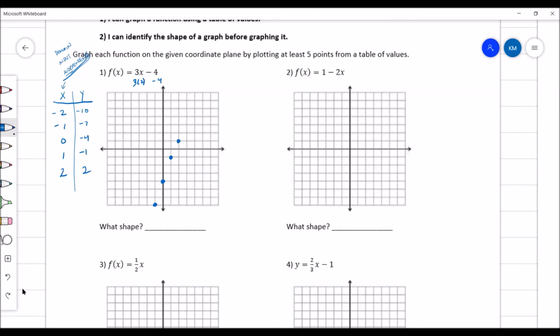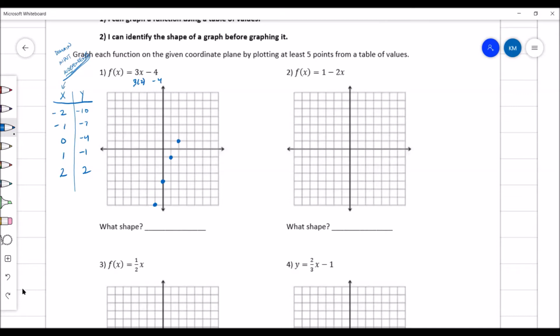I guess we could continue on, but here, we made our table of values. It has 5 values. We're good. I feel like I messed up, though.